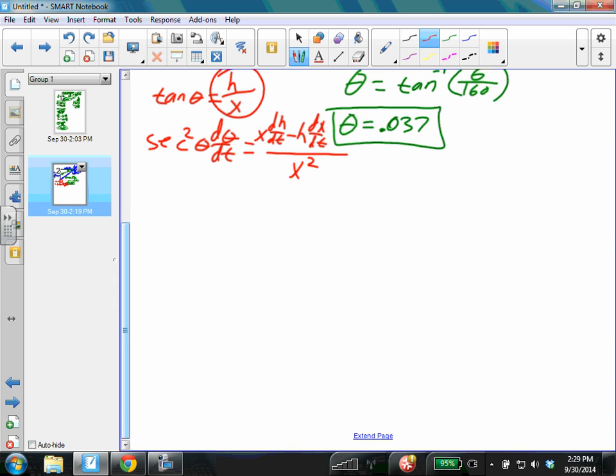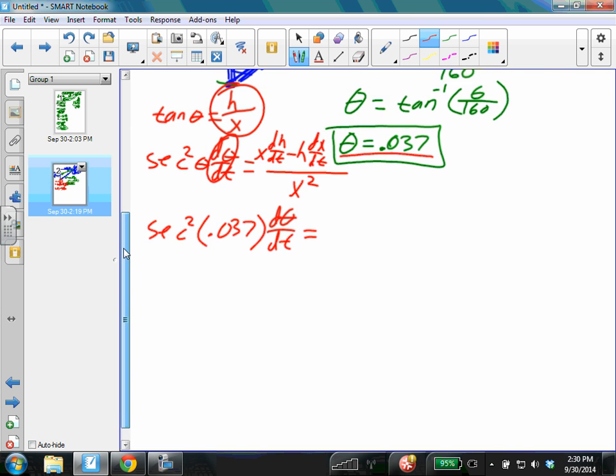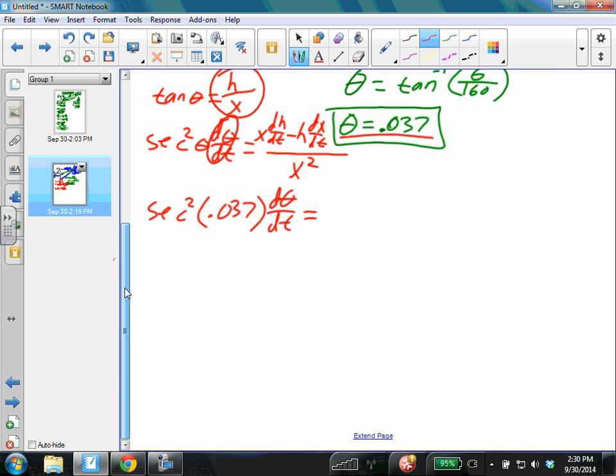And now we're just going to plug in. So this is secant squared of, and we just found theta, right, is 0.037. We're looking for our change in theta with respect to time. And then over here, x, we get ready to plug in. What was x? 160. 160 times the change in h.